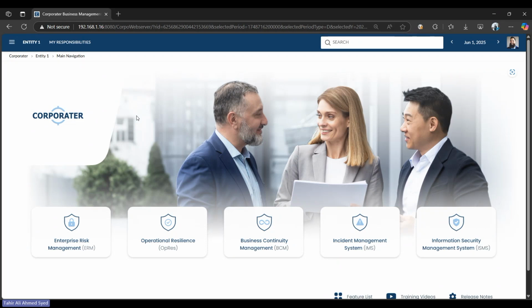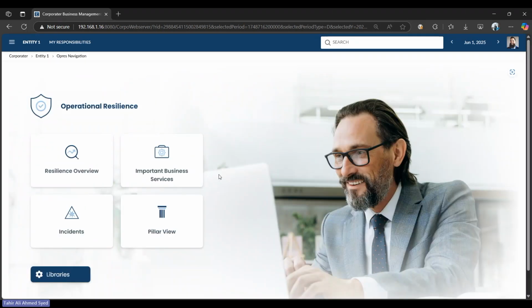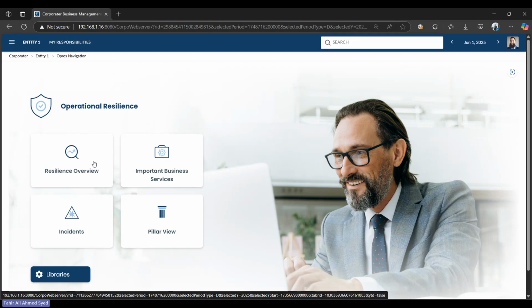So from this main screen, if you look at the multiple modules, each of these modules has a very detailed and comprehensive workflow altogether. However, if I were to drill down into operational resilience, we try to break it down in terms of a framework to show you what are the high-level requirements from a resiliency perspective, right? Of course, you want to be able to take a look at your high-level resilience overview across the organization.